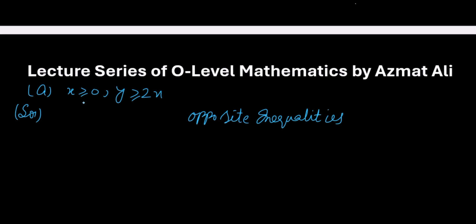The opposite inequality for x greater than or equal to 0 is x less than 0, and for y greater than or equal to 2x it is y less than 2x.